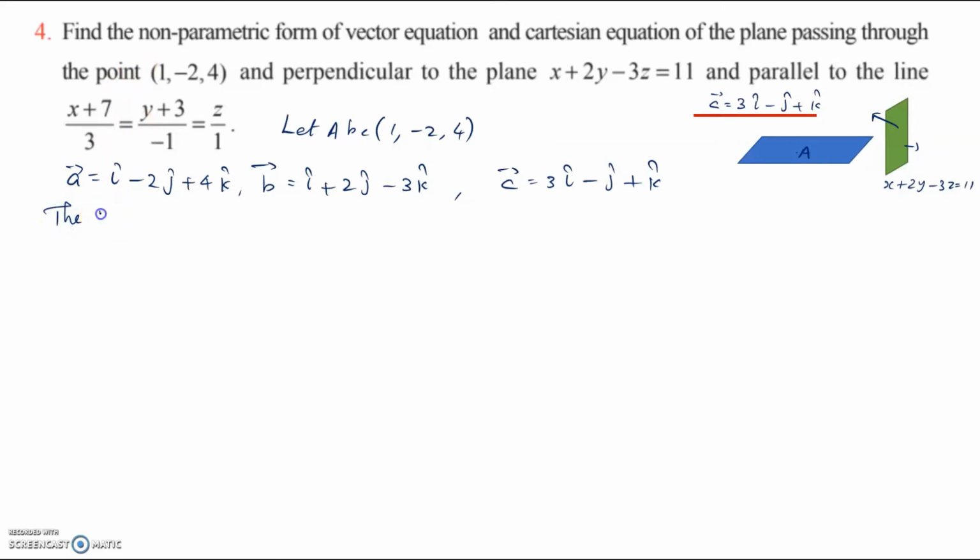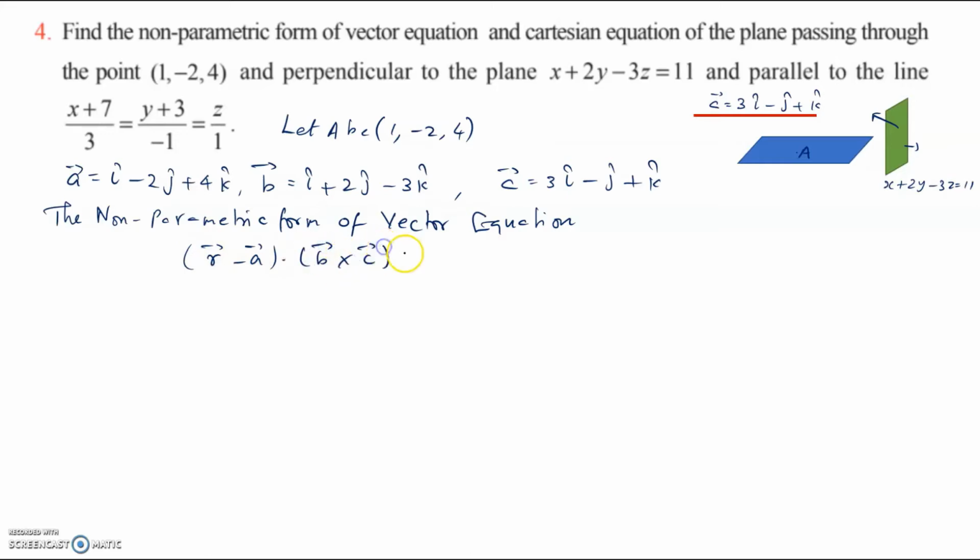Now the parametric, actually we need the non-parametric. So the non-parametric form of vector equation is given by R minus A vector dot product with B cross product with C is equal to 0. So we need to find our B cross product with C first.